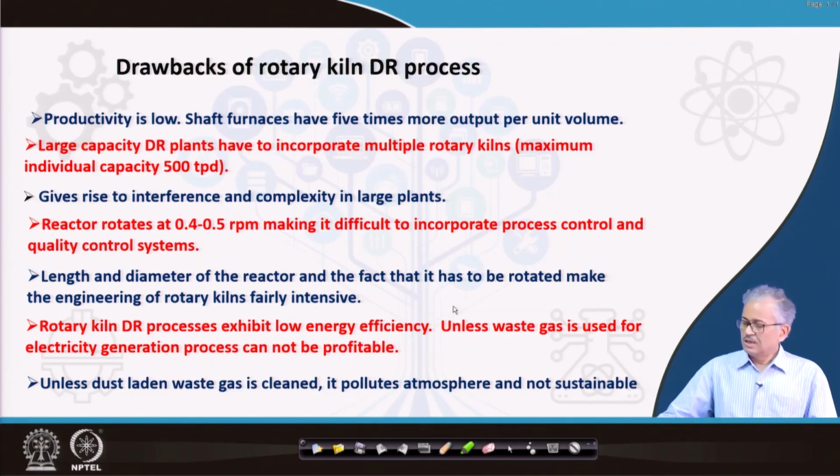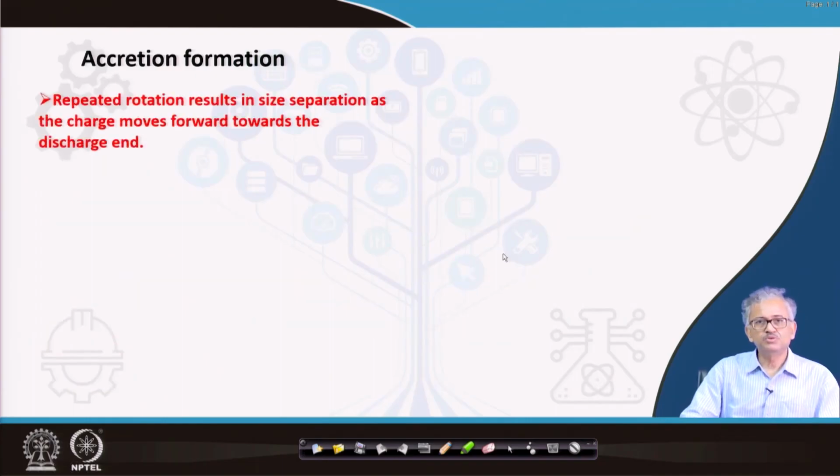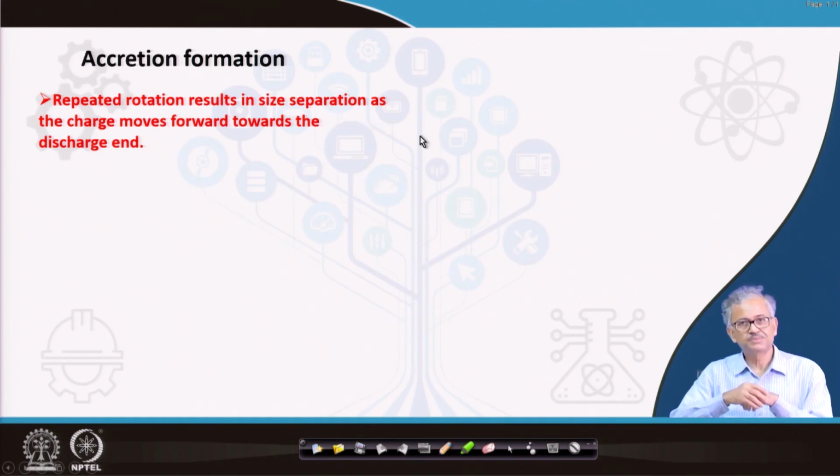You have to use a scrubber and an electrostatic precipitator, and finally the gas has to be dust free. Then that gas will go to the power plant, and then the waste gas will join the atmosphere. So dust should not be allowed to leave to the atmosphere.